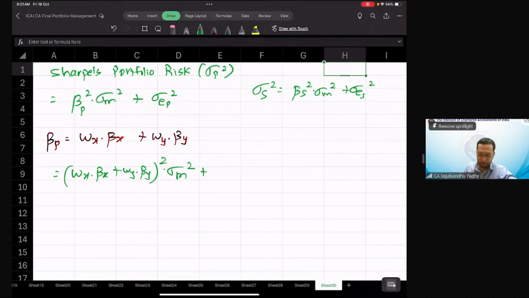Plus, now the variance of error of portfolio. Here I'm going to apply the Markowitz formula.